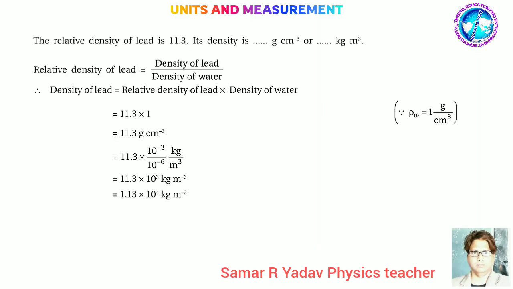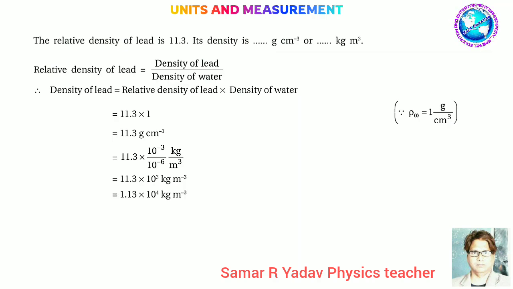The relative density of lead is 11.3. Its density is dash gram per centimeter cube or dash kilogram per meter cube. The relative density of lead is equal to density of lead upon density of water.